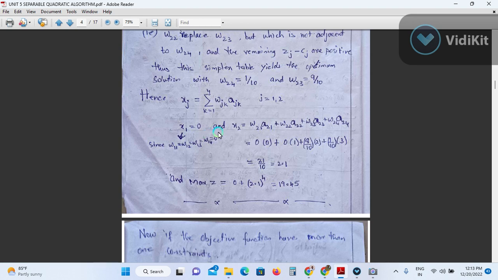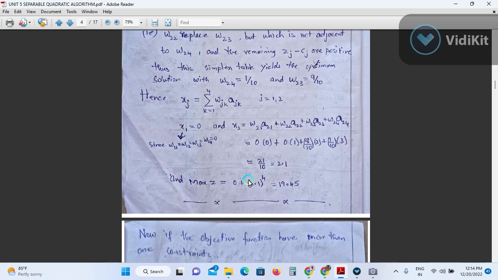Therefore x1 is 0, and for x2, if you expand it, we observe that w23 and w24 exist, and the remaining ones are absent, in other words, all zeros. Therefore w21 is 0, w22 is 0, and a21, a22, a23, a24 we can see from the initial tables, right? So substitute all these values, simplify it, and you get 21 by 10, which is 2.1. So that is x1 and x2 we are getting.